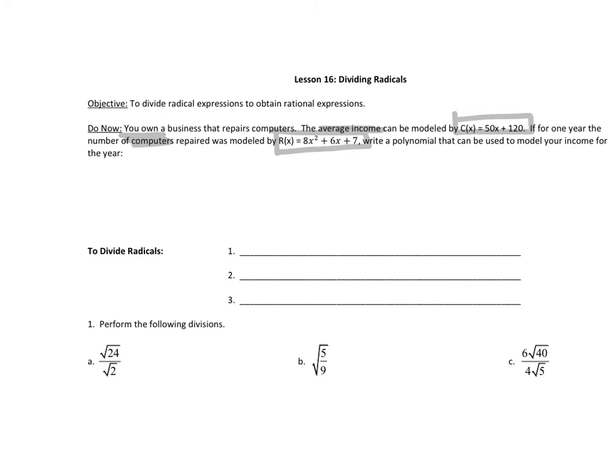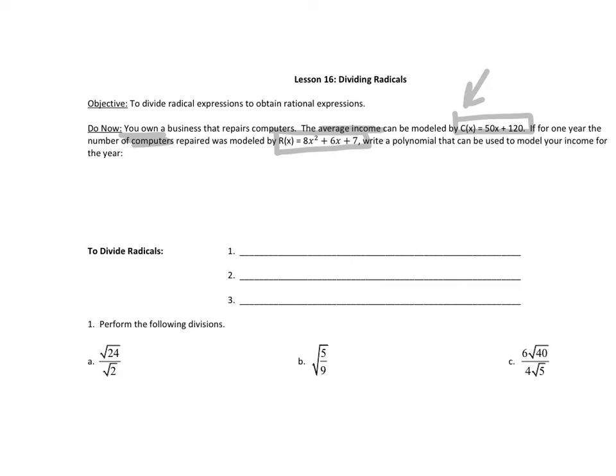So in order to find your income for the whole year, you would multiply your average income, which is your cost per computer, by your revenue. So I'm just going to multiply these two to end up getting a polynomial that will combine.